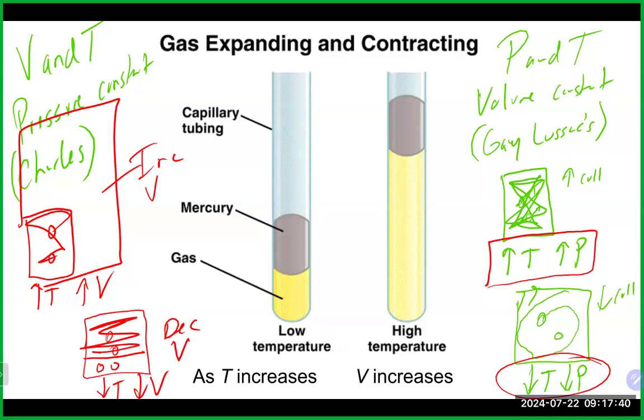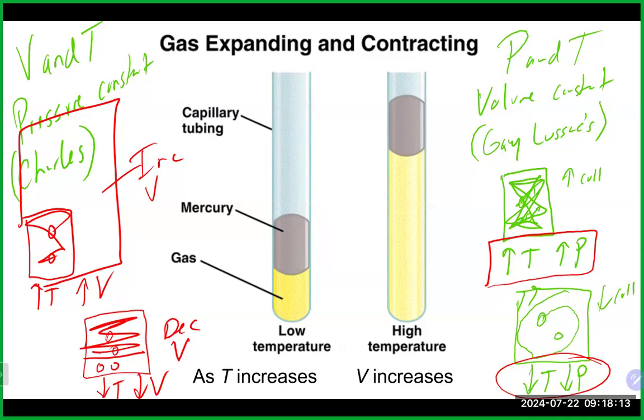Because the gas molecules are now moving around slower, by squishing them together they don't have as long a traveling path, and that will keep the number of collisions basically the same. So we decrease the volume, that keeps the collisions constant, and that's what keeps the pressure constant. So in a Charles' law situation, what is able to keep the pressure constant is that the volume of the container actually adjusts to allow the pressure to remain constant.